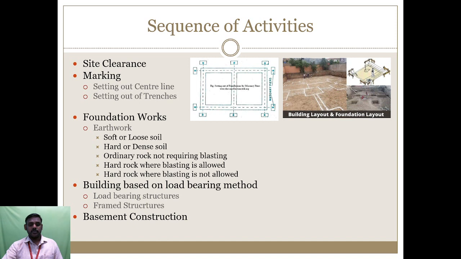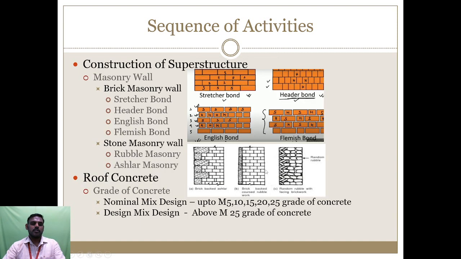There are two types of buildings, load bearing structures and framed structures. Load bearing structures have walls with load carrying capacity. In framed structures, the load is carried by slabs, beams, columns and foundation. These elements alone take care of the loads. Then the superstructure: masonry walls, brick masonry and stone masonry.